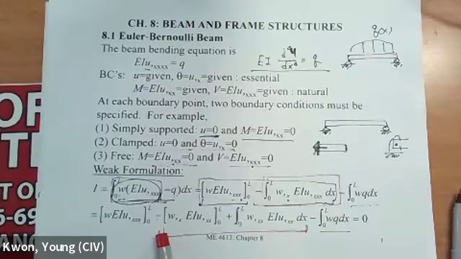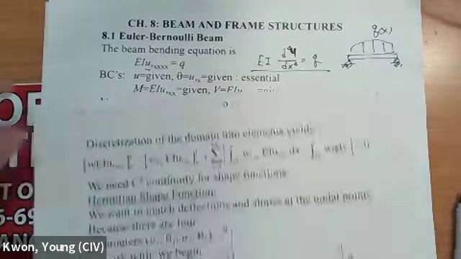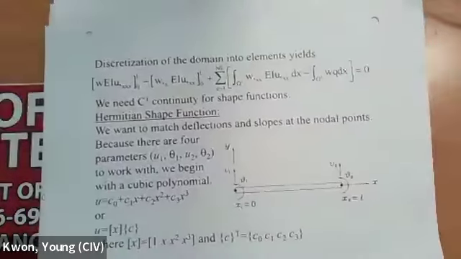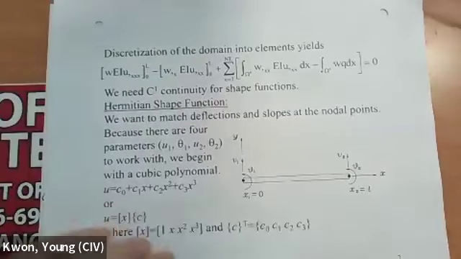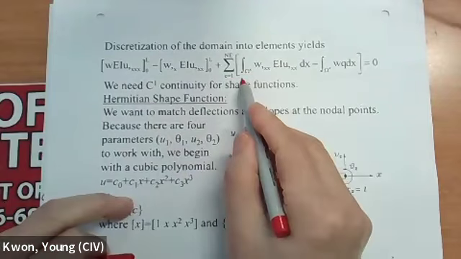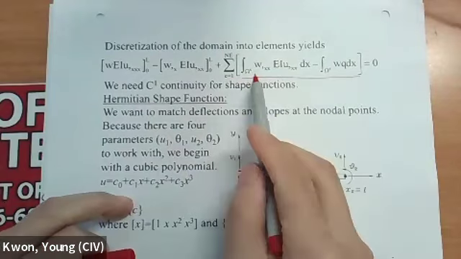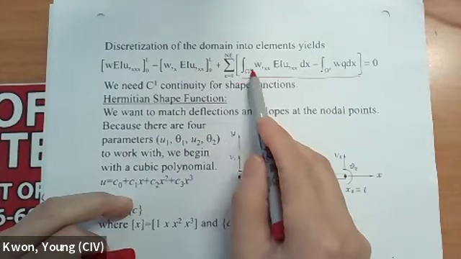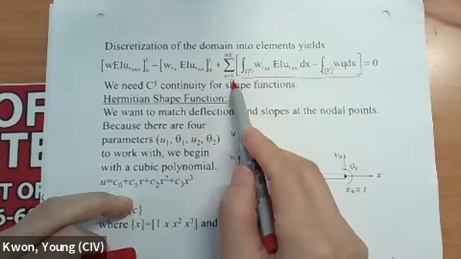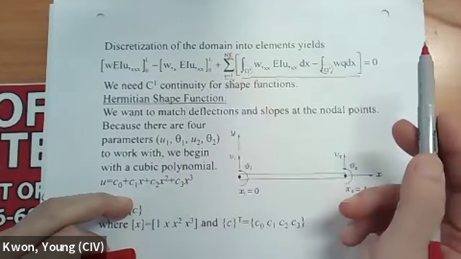Okay, so if I rewrite that, it's going to be like this. Same as before, except that now this domain integral is divided into the element level, with a summation from the first element to the number of elements.